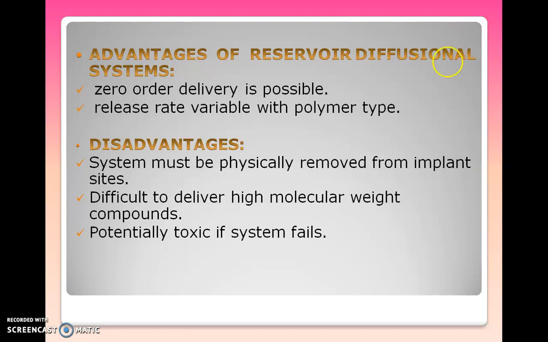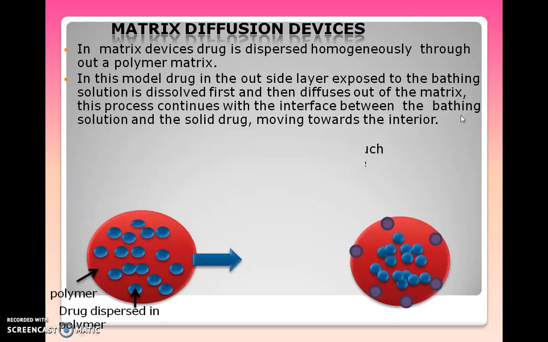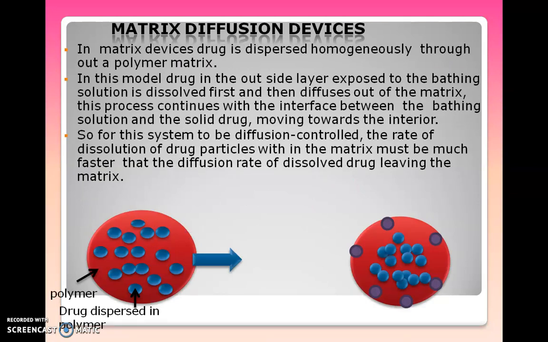Next type is matrix diffusion control devices. In matrix devices, the drug is dispersed homogeneously throughout a polymer matrix. In this model, drug in the outside layer exposed to the bathing solution is dissolved first, then diffuses out of the matrix.